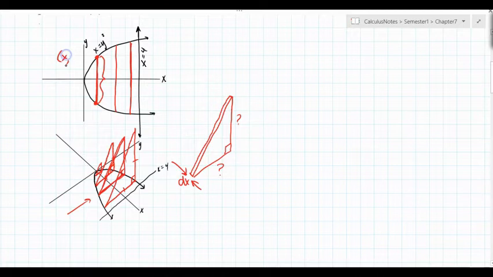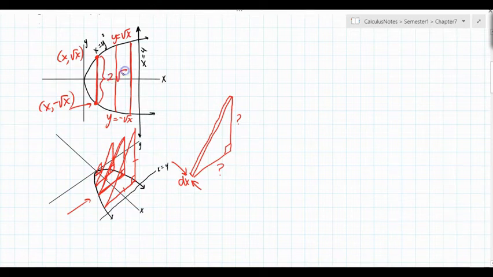If I'm at any general x value, what would the y value be? y is equal to root x, and down here y is equal to negative root x. And so this point would be x comma root x, and this point down here would be x comma negative root x. And so what is the length of that segment?